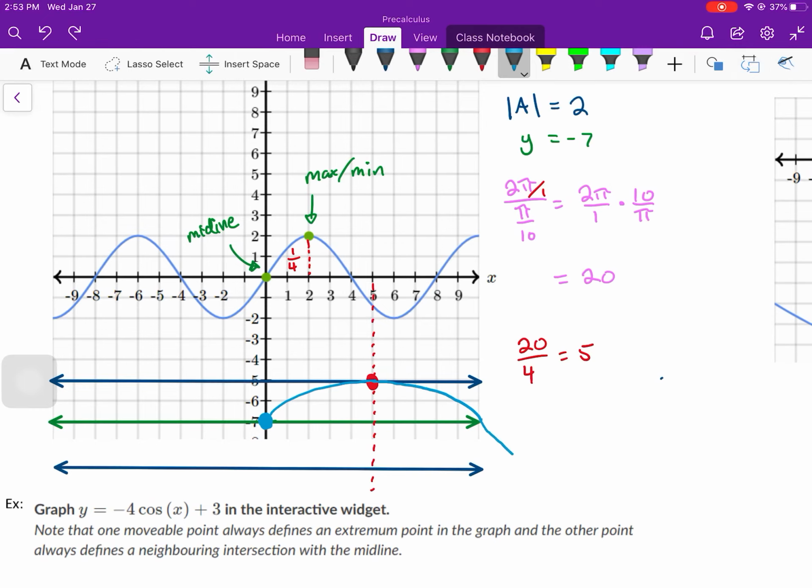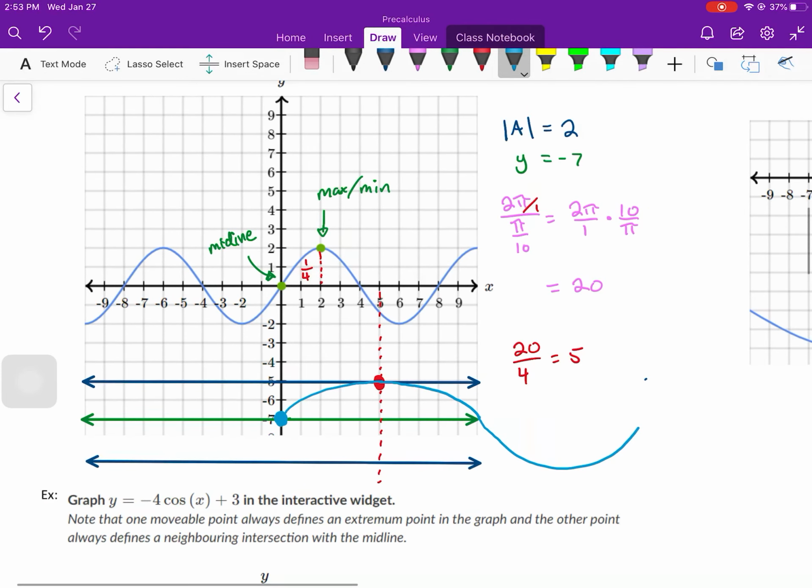And then it'll just continue on like that. So really, you're just focused on that first quarter, that first point and that second point.